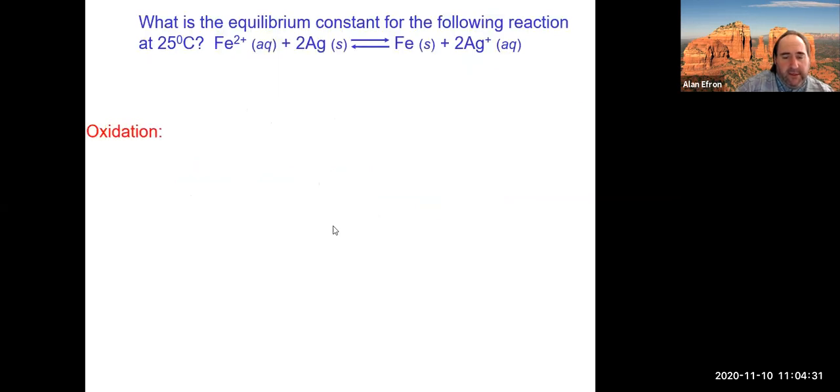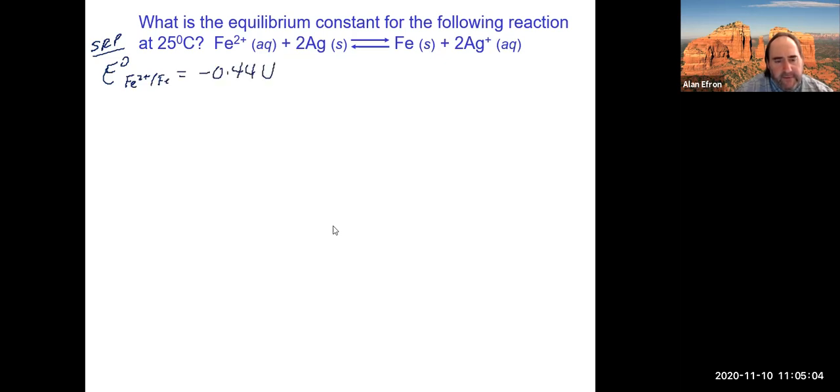All right, so why don't you try this one here. I'm going to give you some values, maybe it doesn't look like you have them. Our SRP value for iron is minus 0.44 volts.